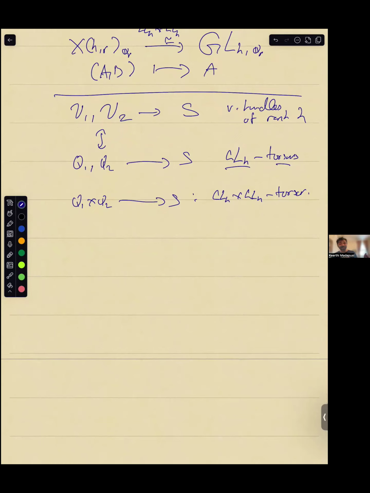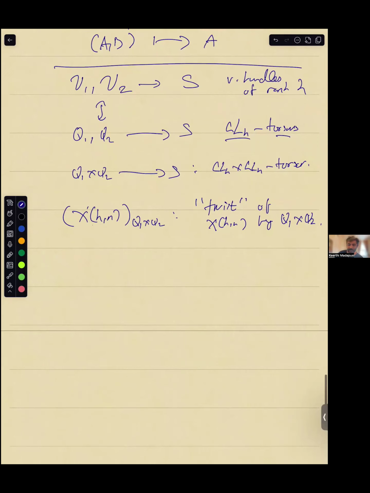Okay, so anytime you have a torsor over something, and you have a space with an action by the torsor, you can twist the space by the torsor. And when you do this, what do you get? All right. This is by definition.